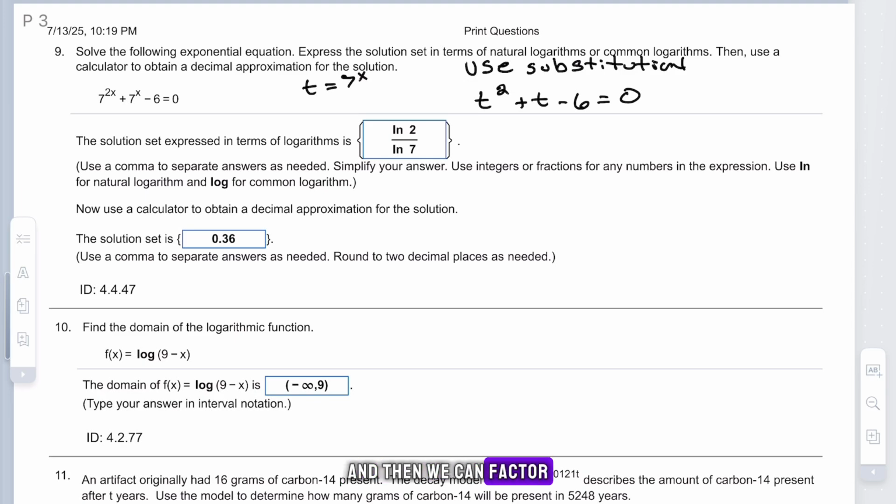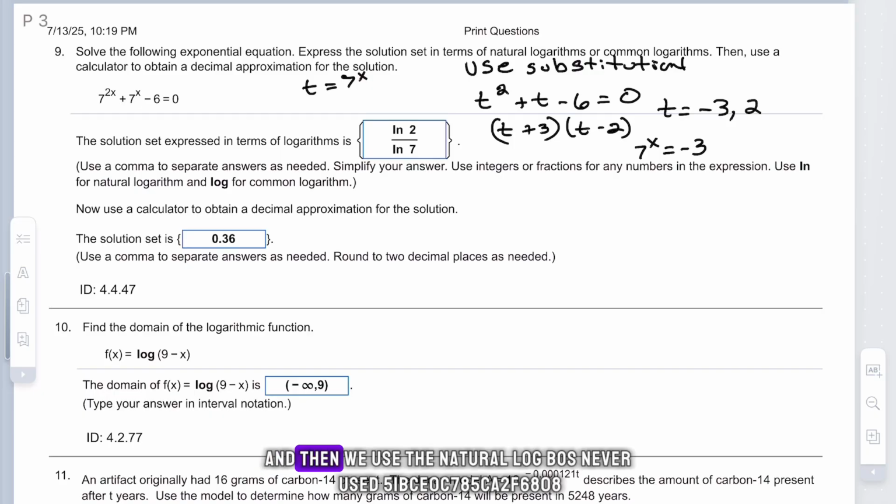And then we can factor. And then we just solve for t. So t is equal to -3 and 2. And then we use the natural log.